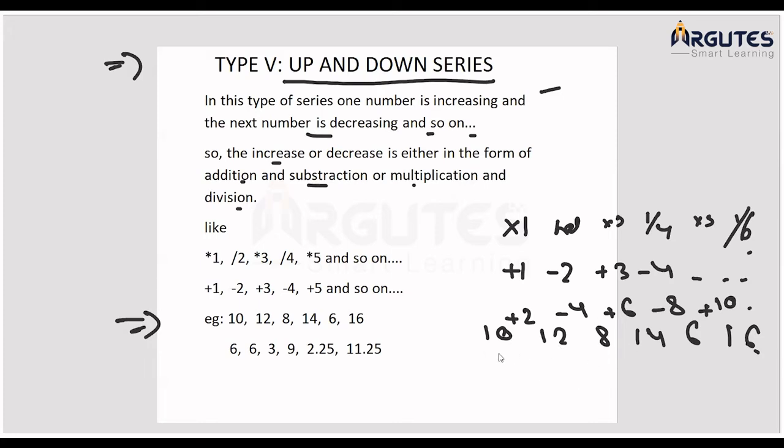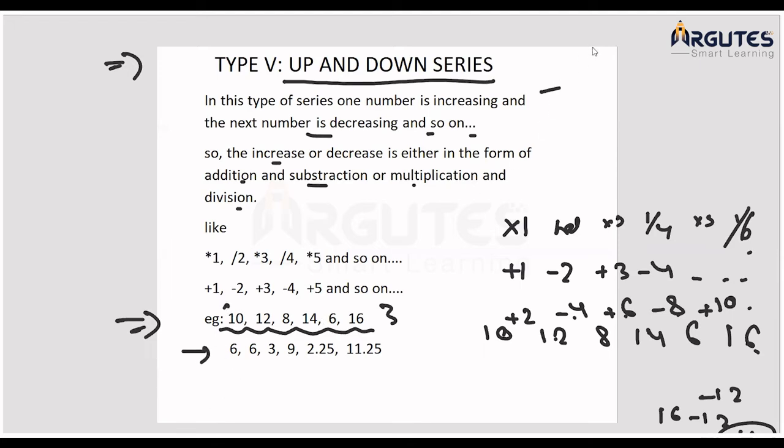Ups downs means 10 plus 2 is 12, minus 4 is 8, plus 6 is 14. So this is ups downs type of series. Now in the ups downs type of series, the rule is +2 -4 +6 -8 +10. So 16 -12, that is 4.